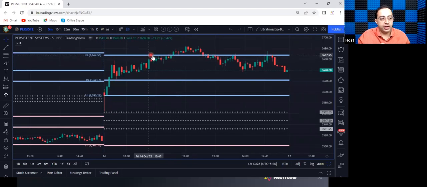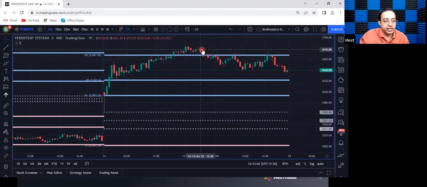At R3, there was hesitation for nearly 30 minutes. So R3 is very important. Understand? R3 is very important. Very difficult to break. But once broken, chance of sustaining is there. But then now no clear participation. If you can see here, no clear participation.